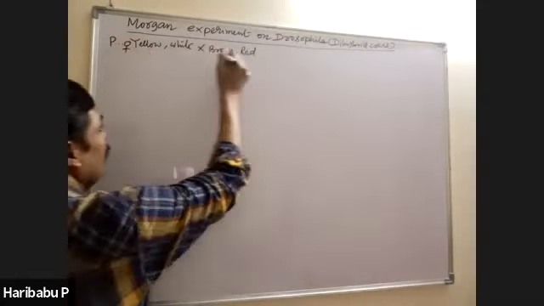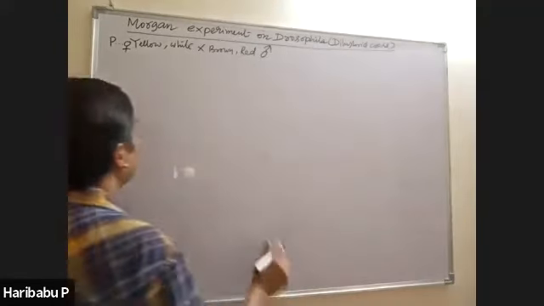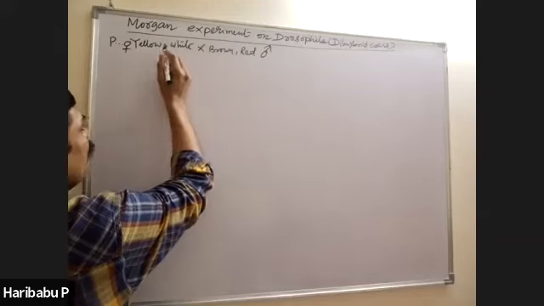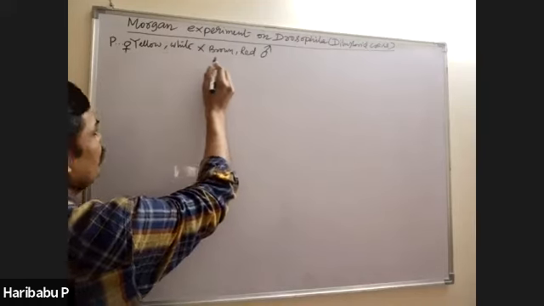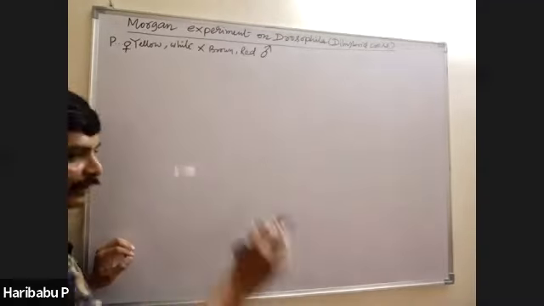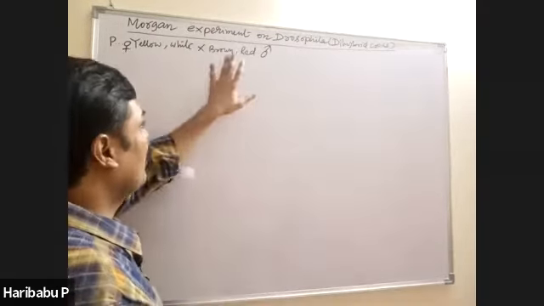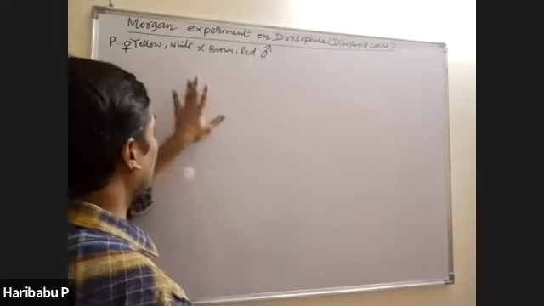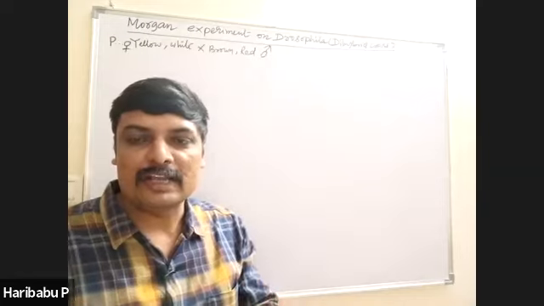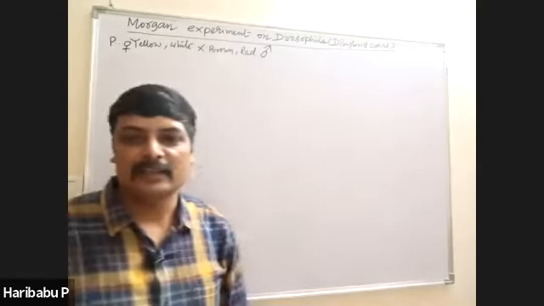This is female, this is male, right? These two are crossed. Yellow bodied, white eyed female is crossed with brown bodied, red eyed male. In the F1, brown red females, yellow white males were obtained. That means it shows crisscross inheritance.